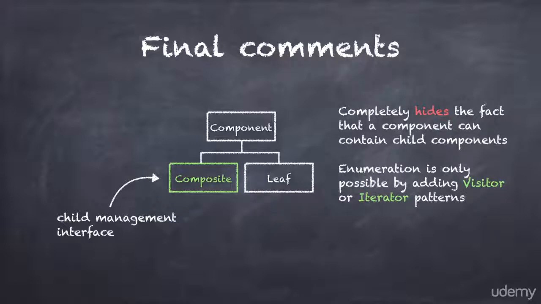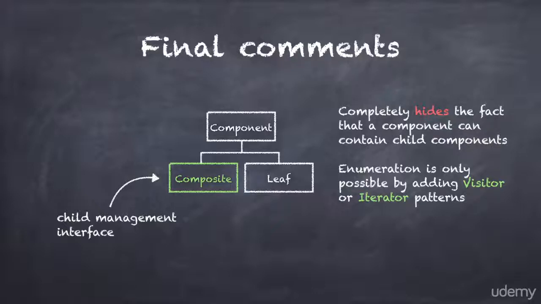This is not a problem if the outside world only needs access to the component API. The subclasses can decide how to implement the API without having to expose any kind of child management interface to the outside world.